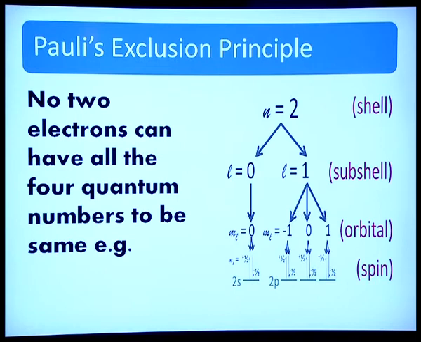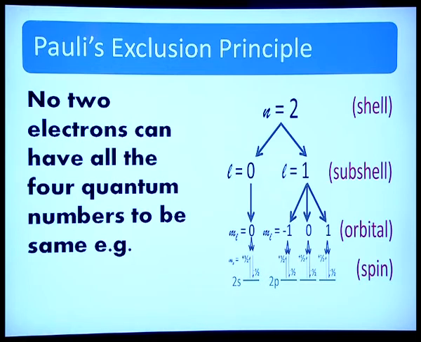Now we come to another principle for filling the shells, the Pauli exclusion principle. This principle states that no two electrons can have all the 4 quantum numbers the same.